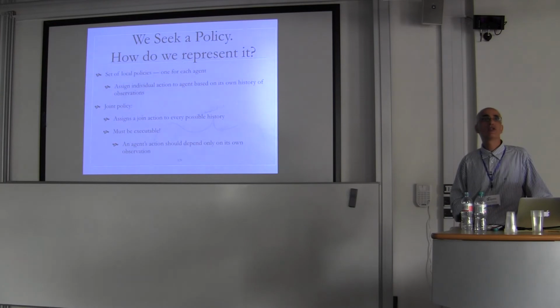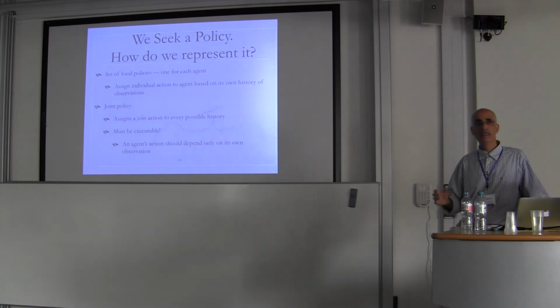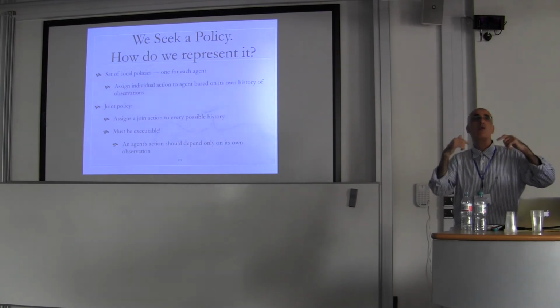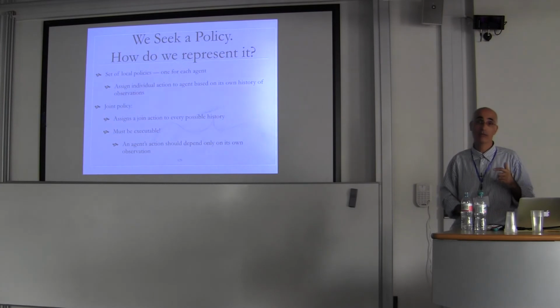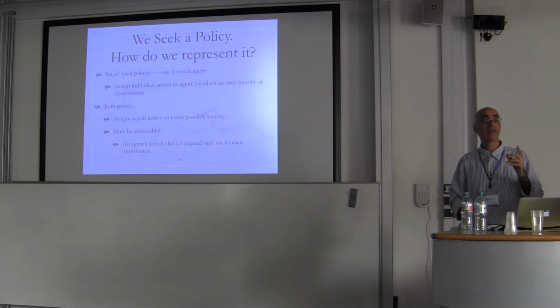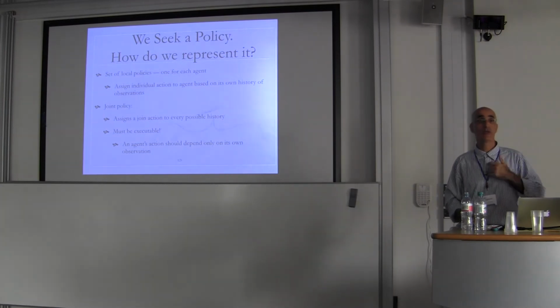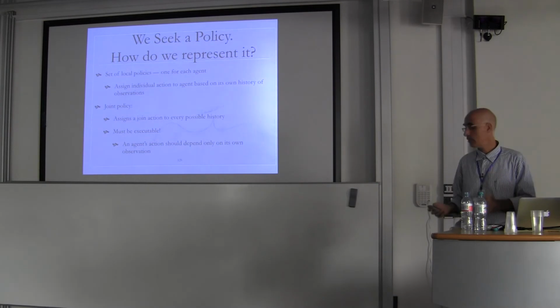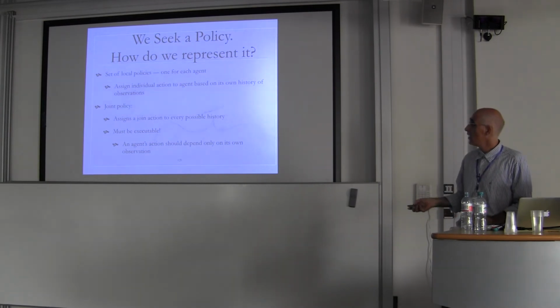Another option is to give a joint policy. A joint policy tells the entire set of agents what they should do as a function of the entire history. But that's not something that's executable in general, because when I act, I don't act based on the entire history, I act only based on the part of the history that I've seen. So the joint policy has to take this into account.